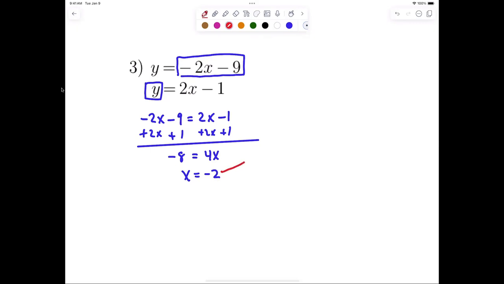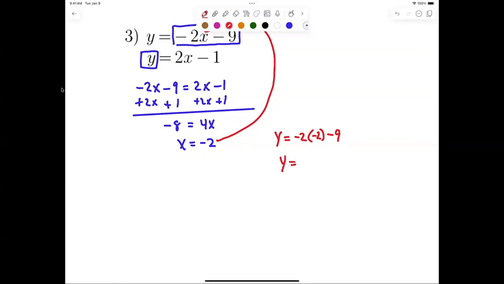So now that I know x equals negative 2, I come right up here and I plug negative 2 in. Does it matter if I choose the top function or the bottom function? Does it matter what one I use? No, it doesn't matter. You get the same answer. So I'm going to plug in negative 2 for x. So y equals negative 2 times negative 2 minus 9.